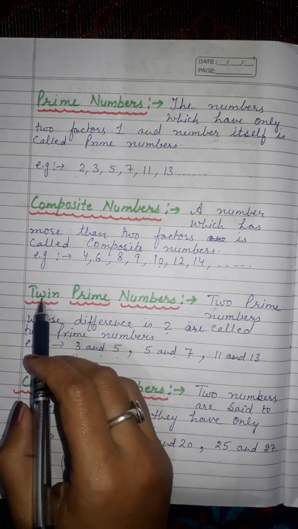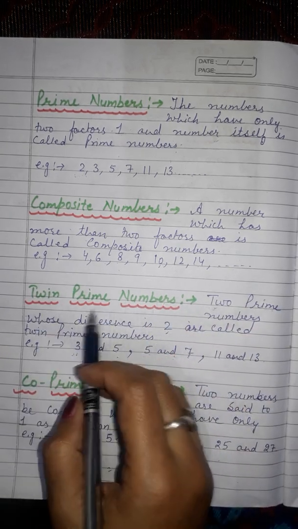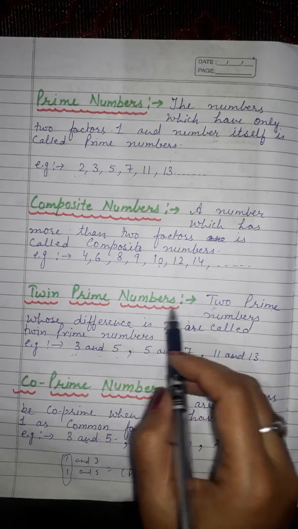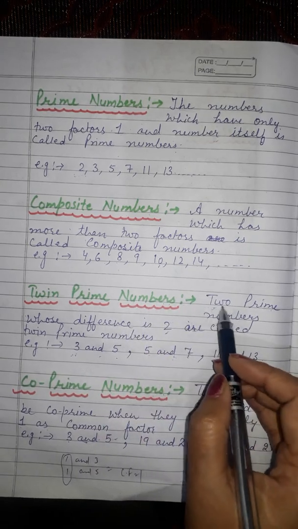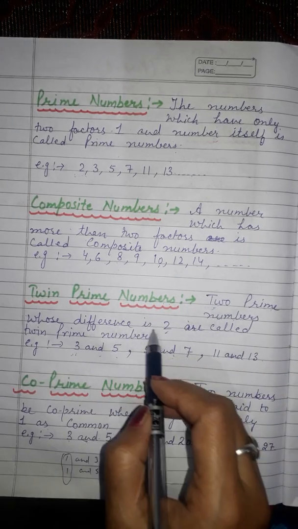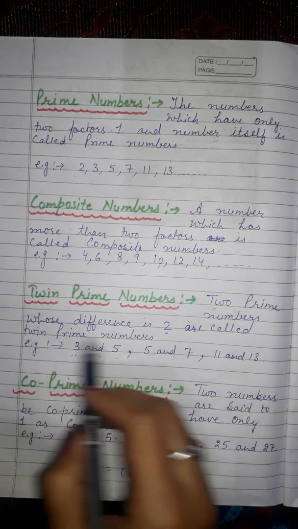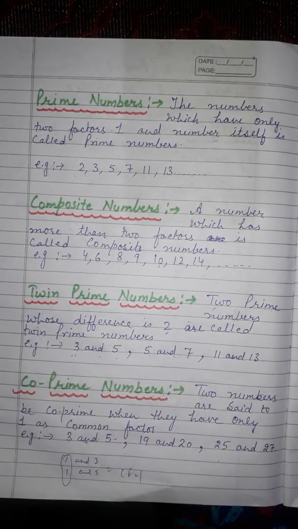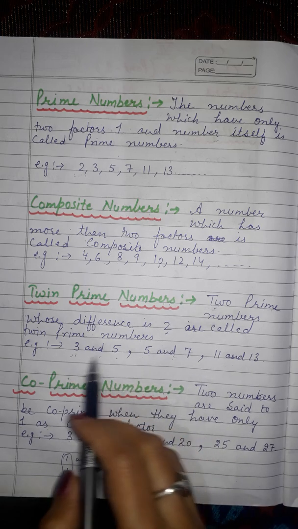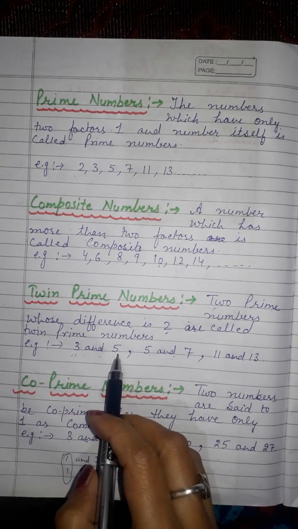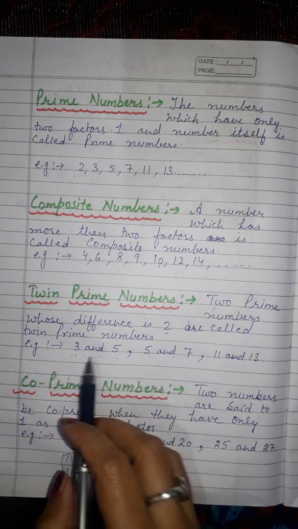The next is twin prime numbers. So what are twin prime numbers? Two prime numbers whose difference is 2 are called twin prime numbers. Difference is 2 means by subtracting those prime numbers you get 2.